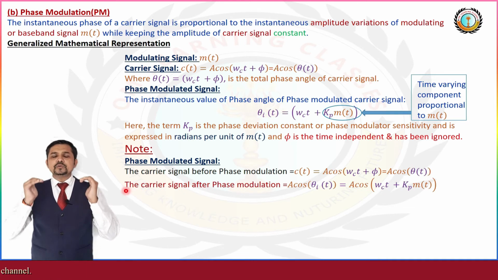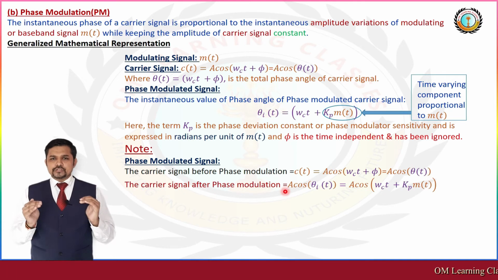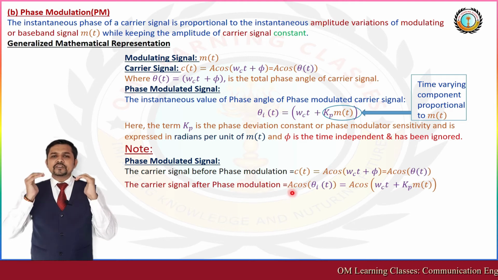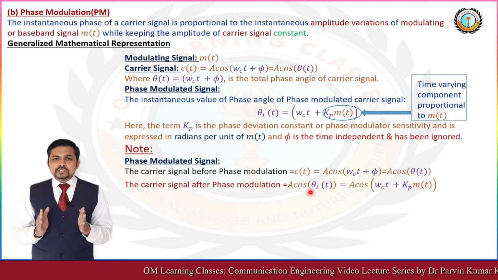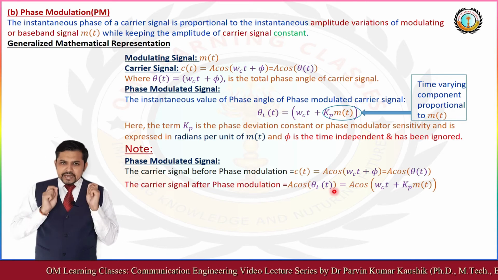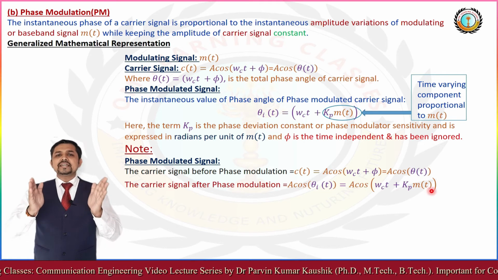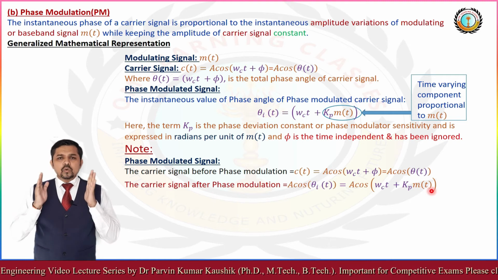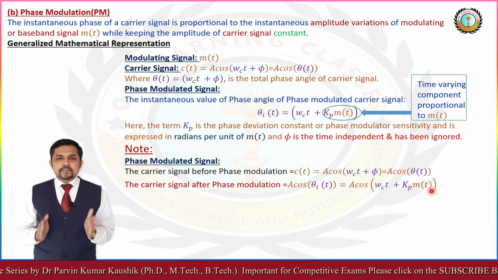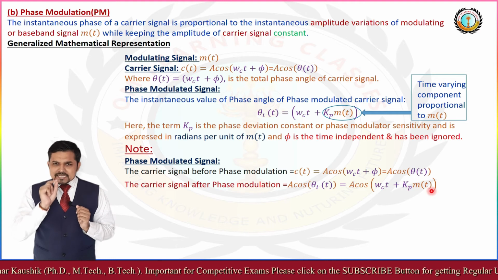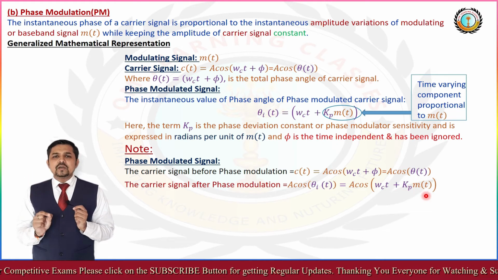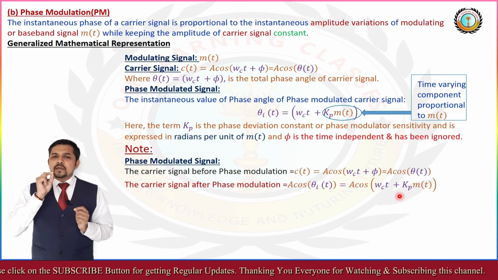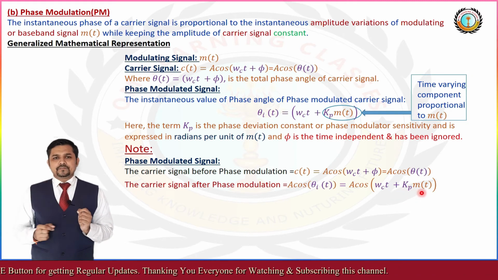And after utilization of phase modulation, the carrier signal after phase modulation is equivalent to A cos theta_i(t), which is further equal to A cos(omega_c t plus Kp into m(t)), and this Kp into m(t) is the time varying component proportional to your modulating signal.